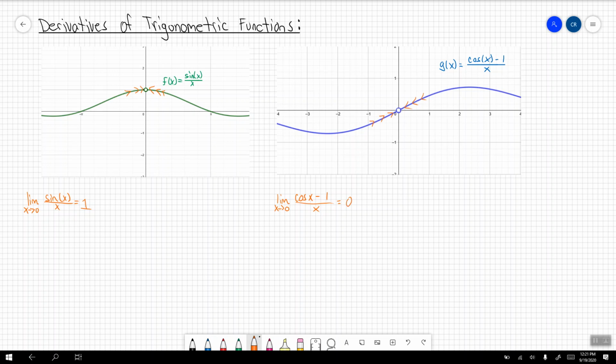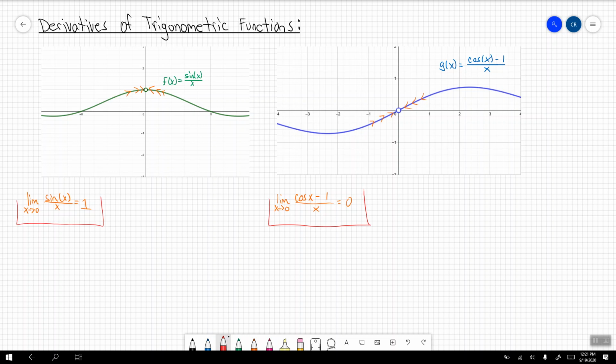Which means at this point in time, we can say that both of these limits do exist for these functions as x is approaching 0. And we must have these in our minds at all times when we're working with any type of calculus. So I want you to make sure to have these in your mind at all times.